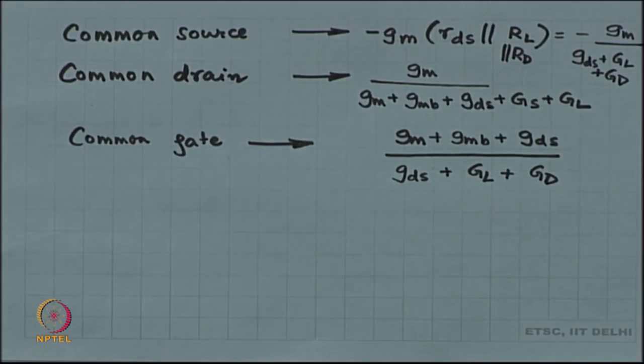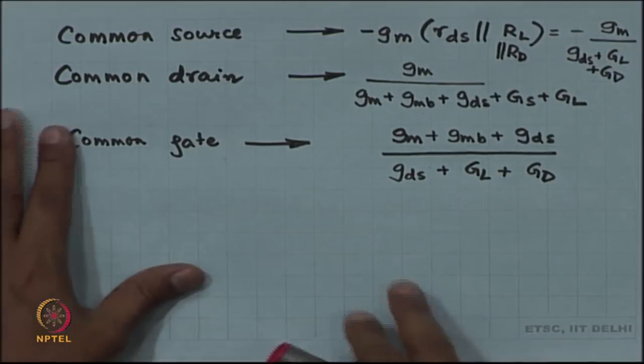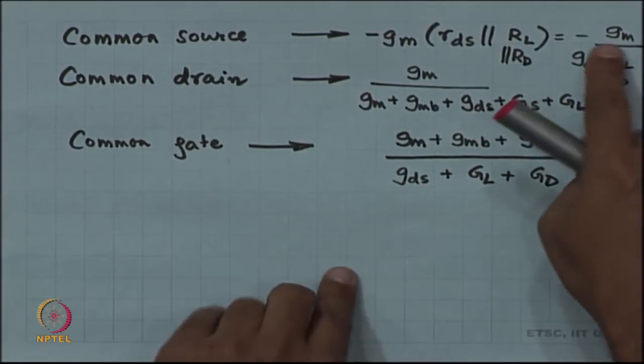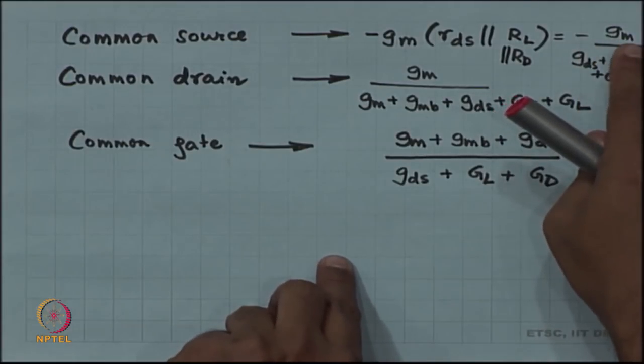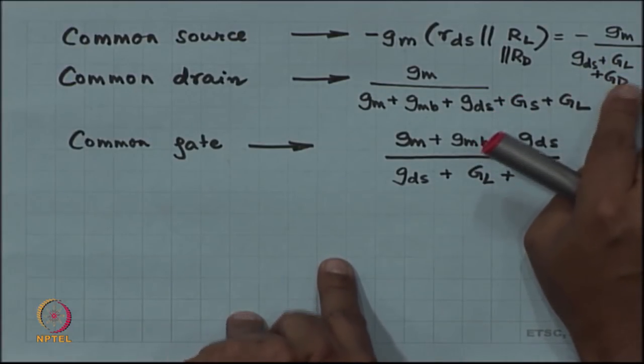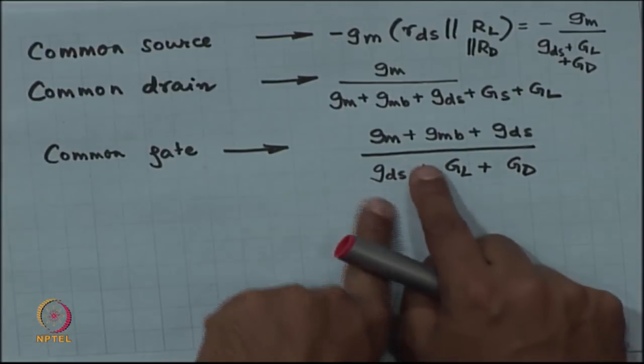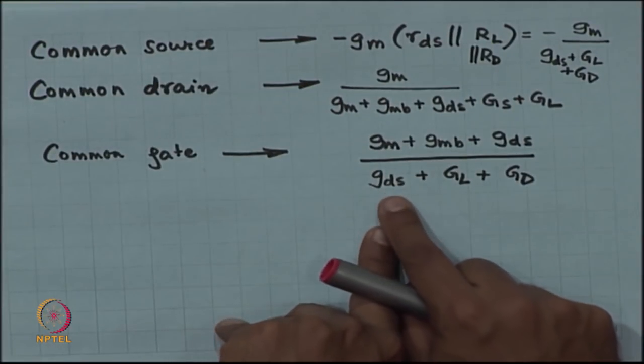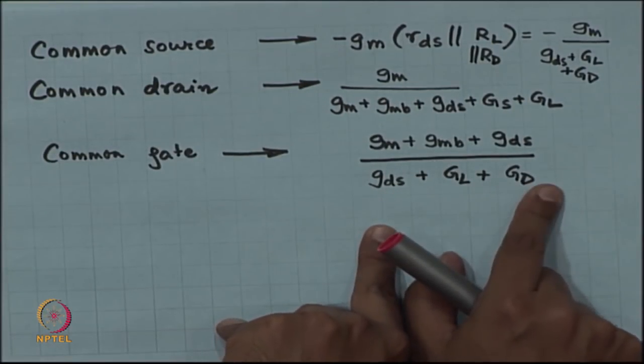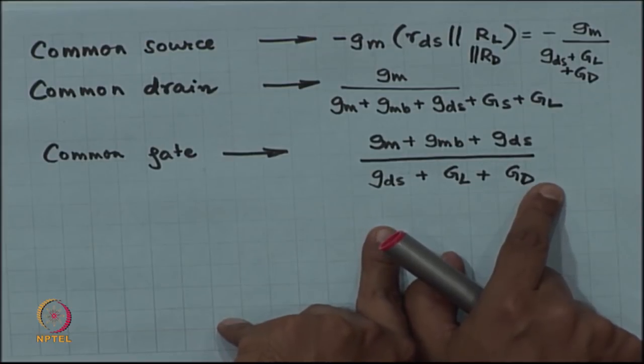Okay. So, between the common gate and the common source, which is more? Look at the two carefully. One is minus Gm by Gds plus Gl plus Gd. The other is, denominator is the same, happens to be the same.